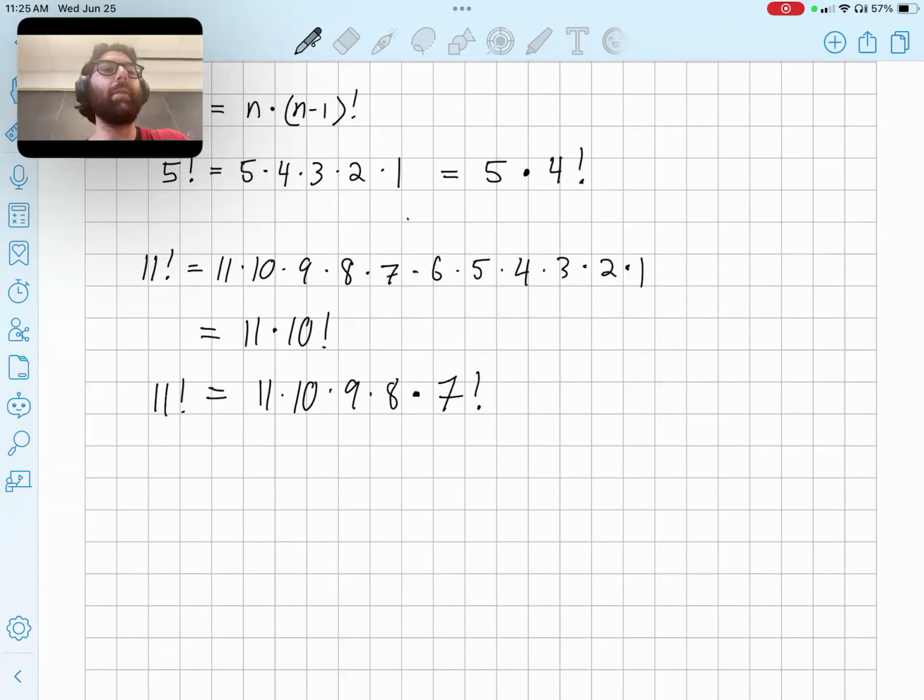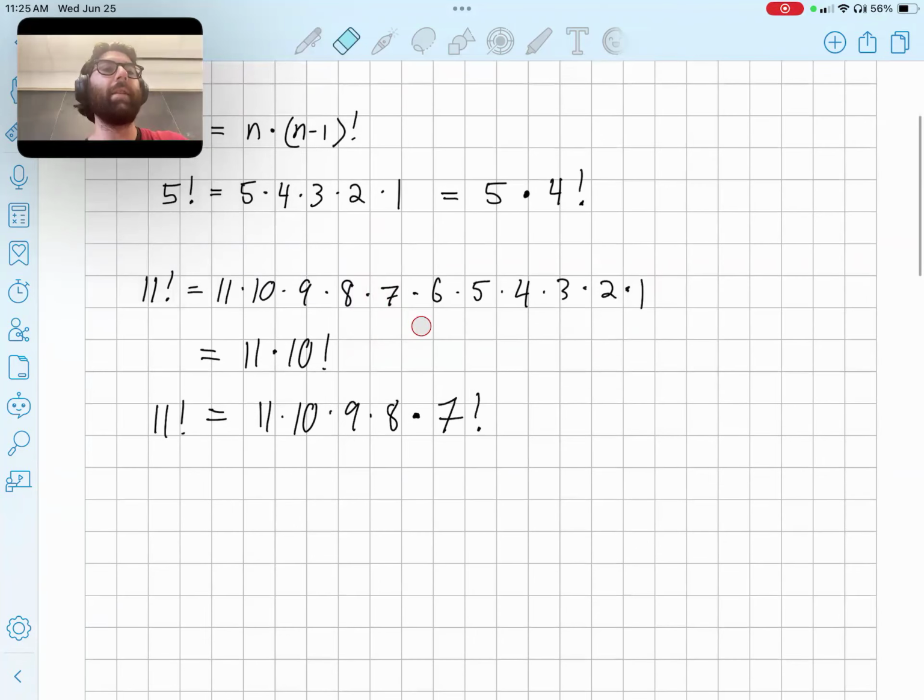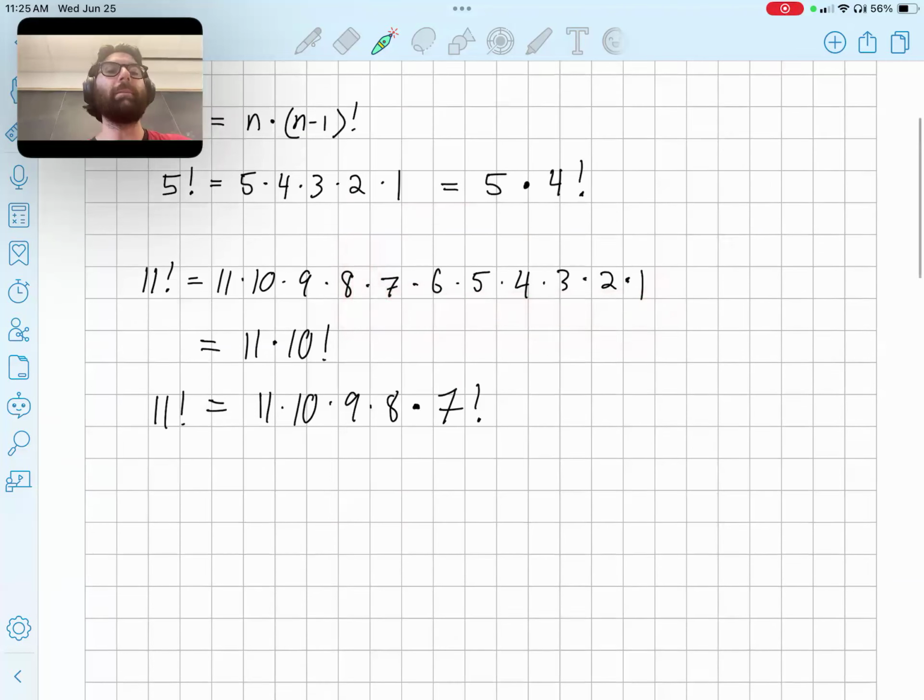Because whenever you stop, the next number has all the other numbers multiplied after it. And so by definition, that's that number's factorial. So if I stop after the 8, then I've got 7 times 6 times 5 all the way down to 1, and that is 7 factorial.